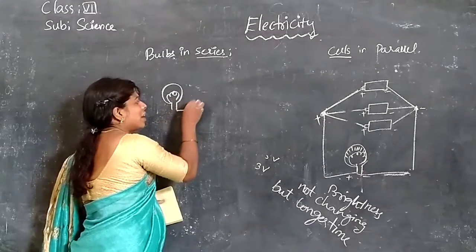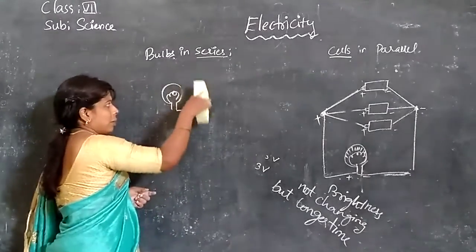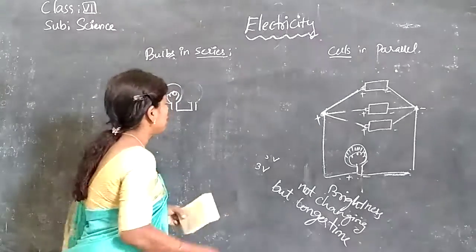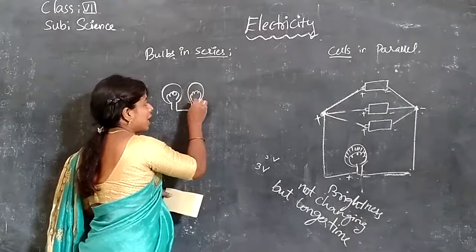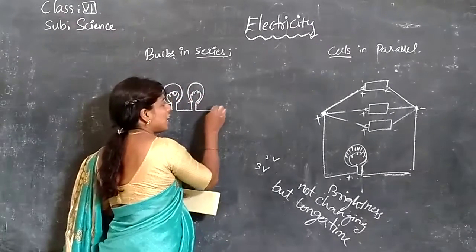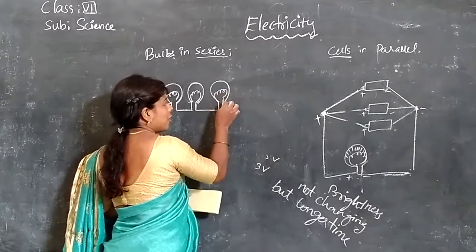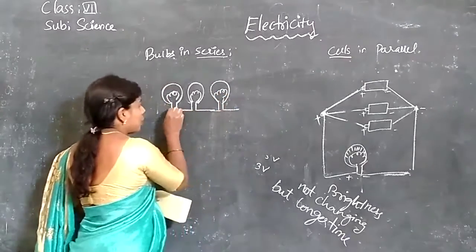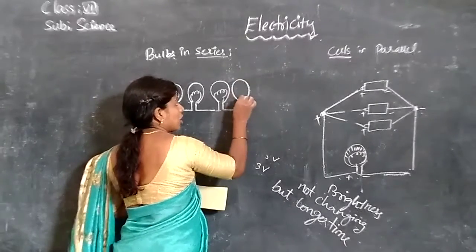Don't think this is a lesson part. This is one of the lessons in your class. You don't mind in that way. You can do this practically at your home also. Take your batteries and check whether what I am saying is correct or not.